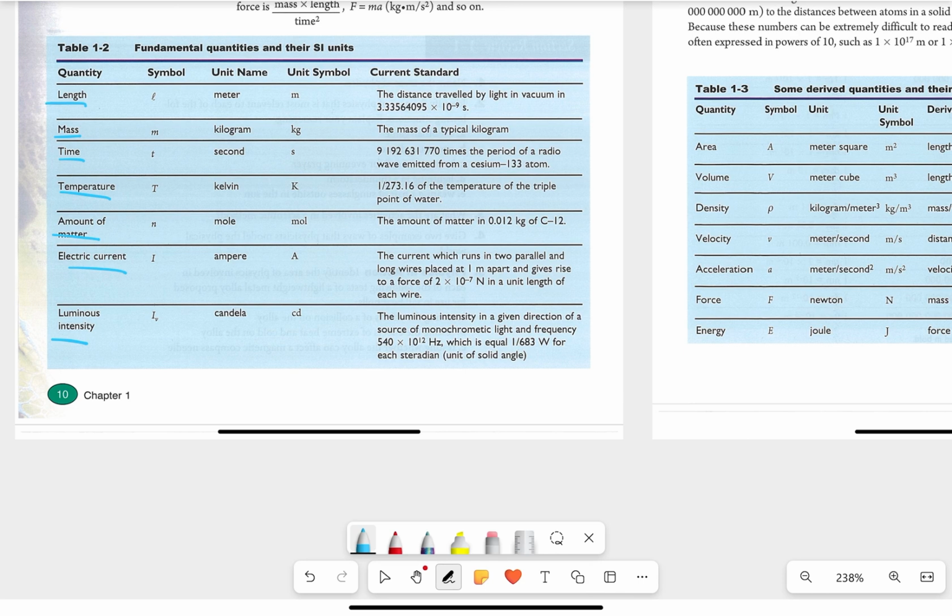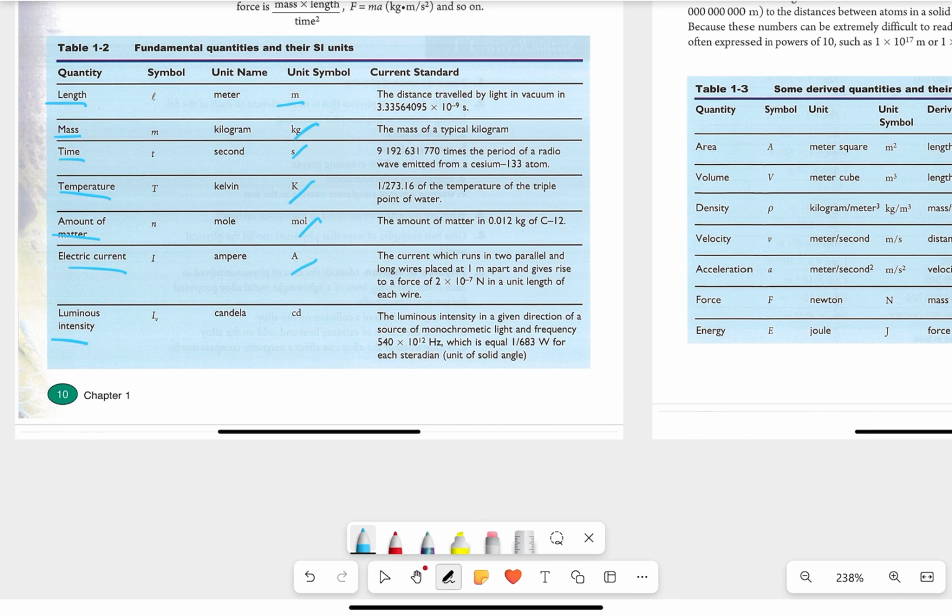And these are their units, okay? So the unit of length is meter, of course, with a small letter. Then the unit of mass is kilogram. The unit of time is second with a small letter. The unit of temperature is Kelvin with capital K. Then you have amount of matter, which is mole.